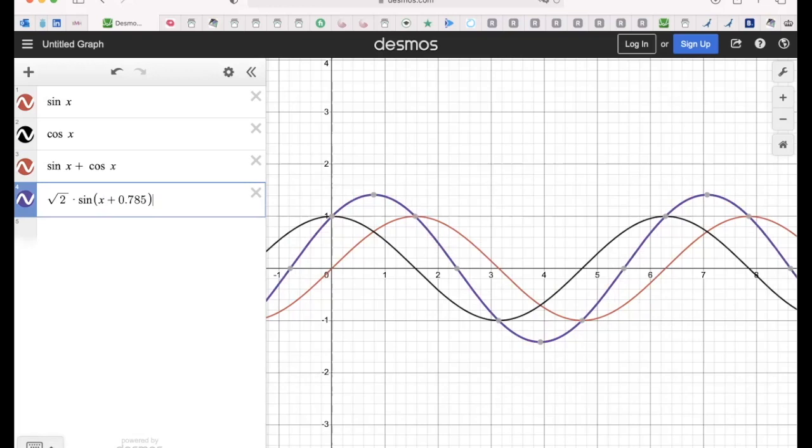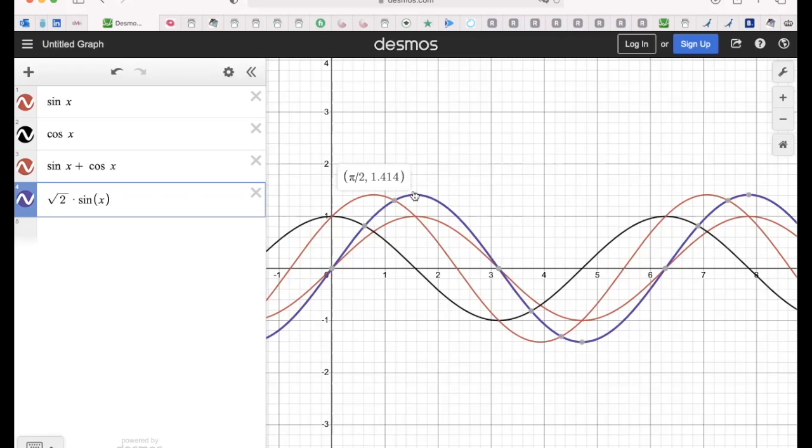So as you can see, the purple one must be the same as sine x plus cos x, because it's now been obliterated, we can't see it. So when we did root 2 times sine x, we got a curve which is the same height, 1.414, but then I had to move it left to get it to cover the red.